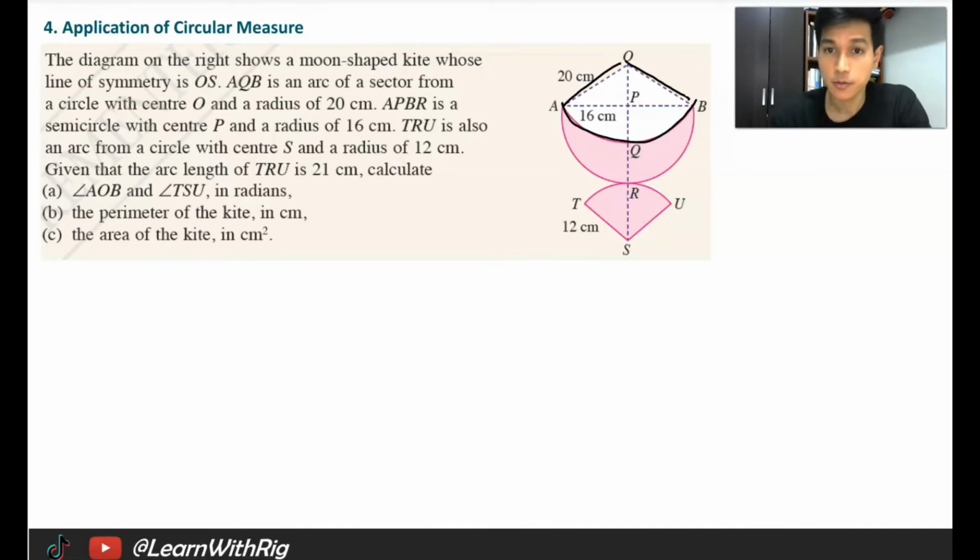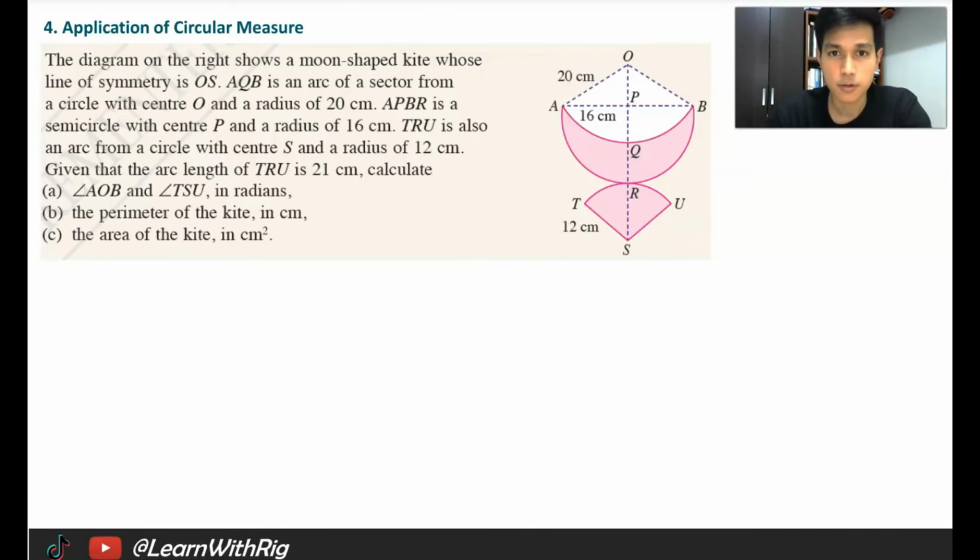Please take note, because if you don't see closely which arc it belongs to, in the end you won't know which radius to use. This question is a bit messy, so take note of that. In this case, what is the radius of this arc? The radius is 20. The center is O.